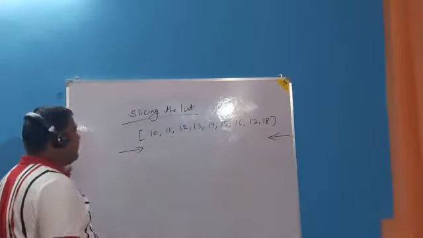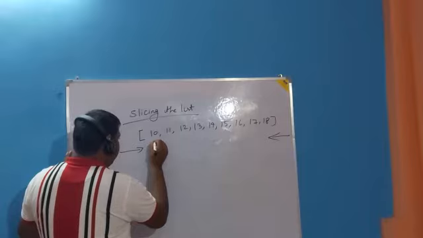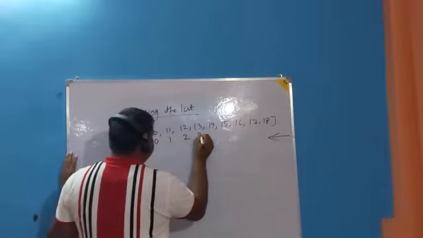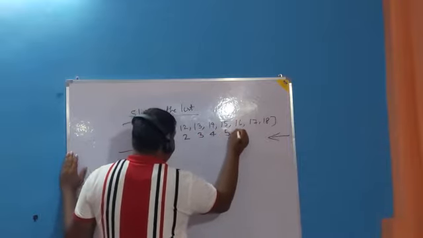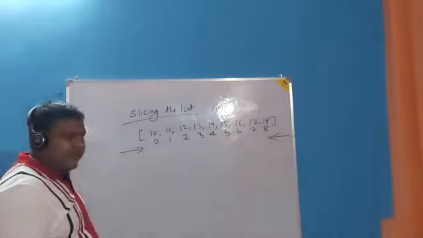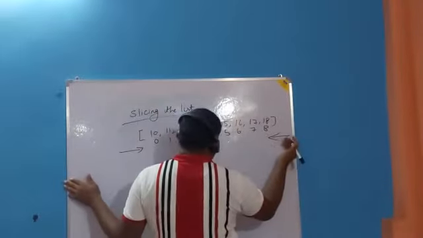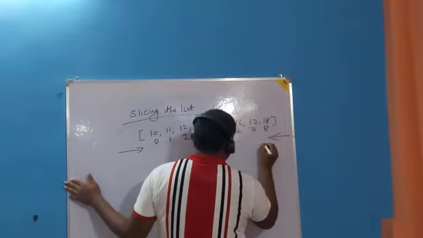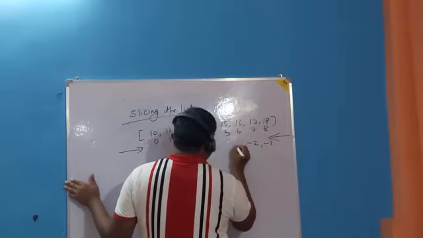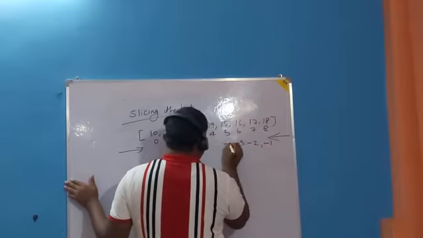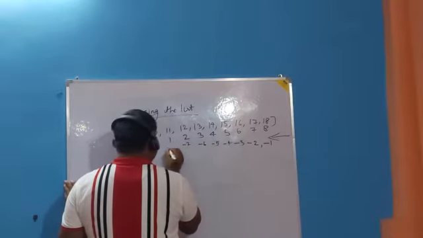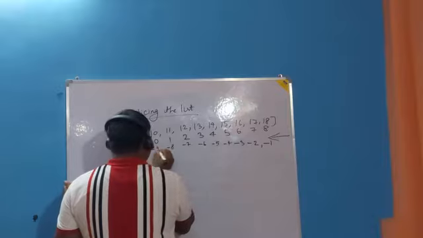If we are accessing from left to right, we have the index 0, 1, 2, 3, 4, 5, 6, 7, 8. And if we are accessing from right to left, the indexing starts from -1, -2, -3, -4, -5, -6, -7, -8, -9.